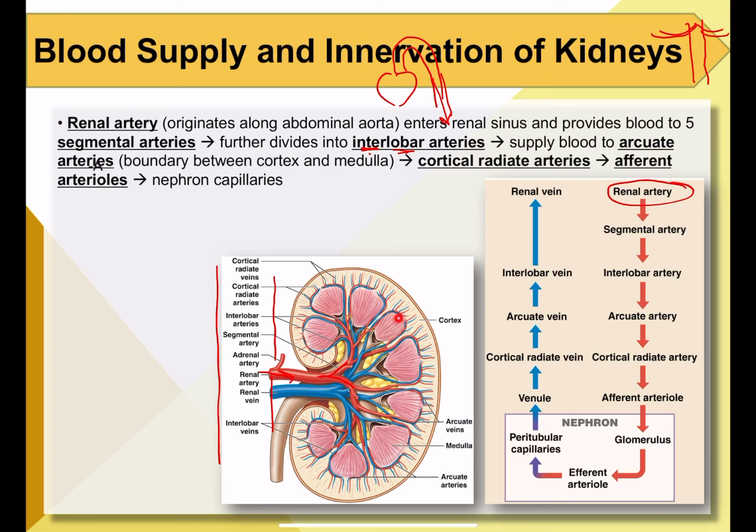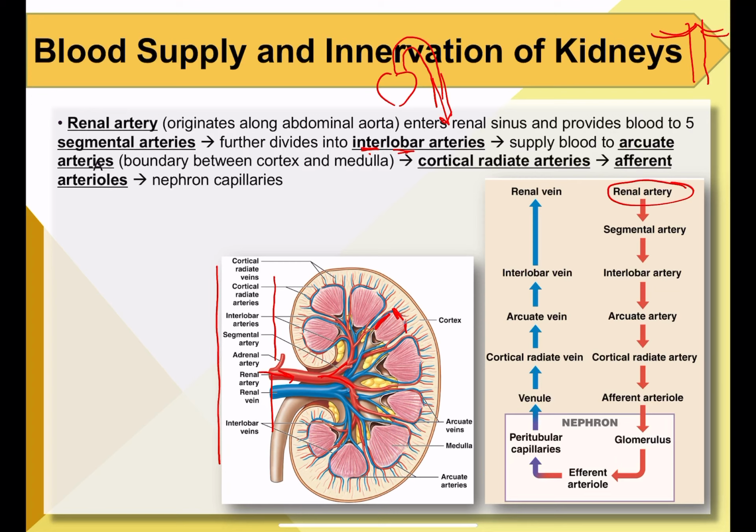Arcuate artery is right here. Okay, arcuate artery, which is the horizontal one. So this one is the interlobar artery. This one here, more horizontal on the top of the pyramid, is called the arcuate artery.